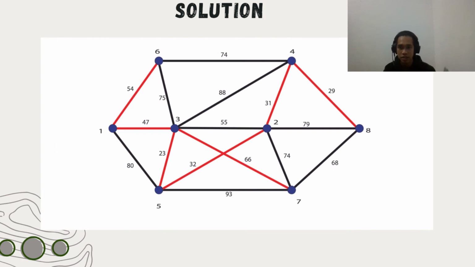And last but not least, the last node, node 7. To connect node 7, there are 4 different ways to connect to it, but the least one will be from node 3. So the last line of our Prim's algorithm will be 3-7 with weight 66.